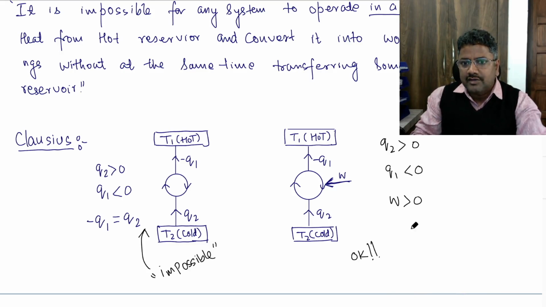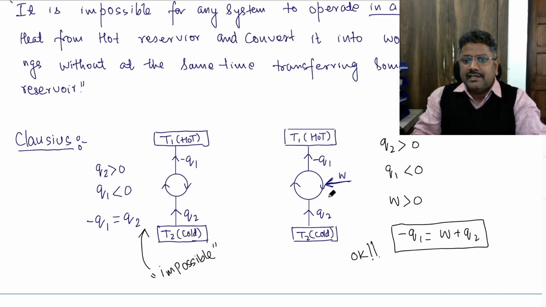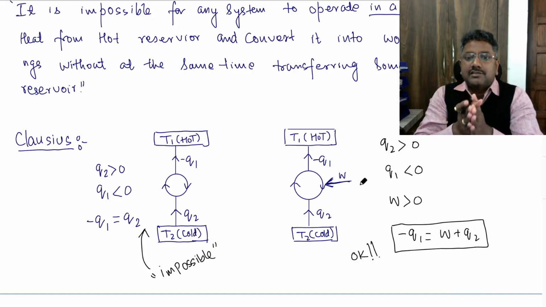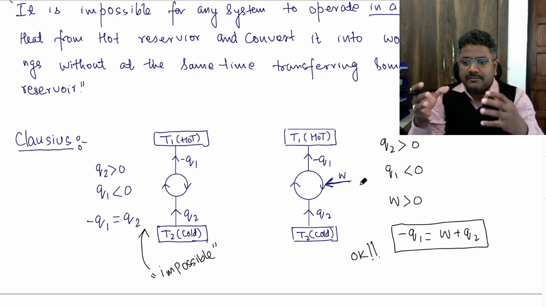So you can write minus Q1 is equal to W plus Q2. This type of system is okay. Why are we always taking a cyclic system? Obviously, we try to design the system in which energy is conserved, so energy should be conserved.